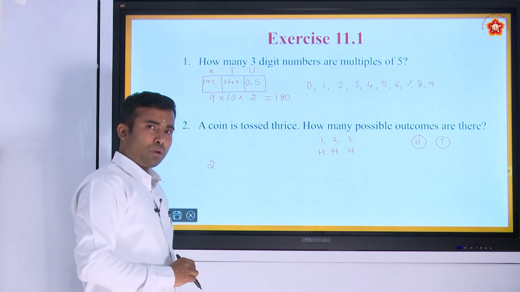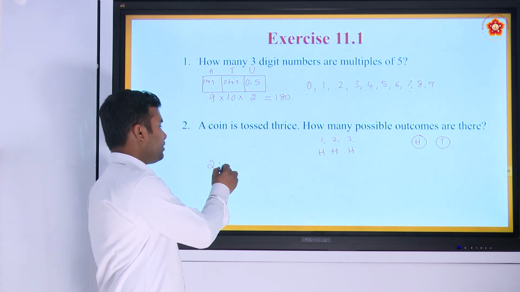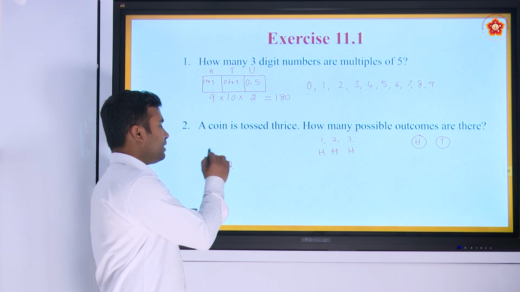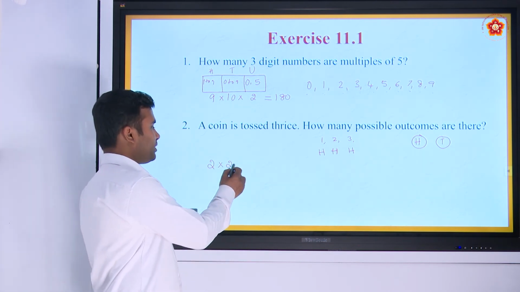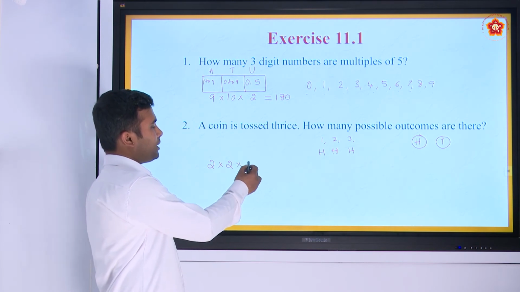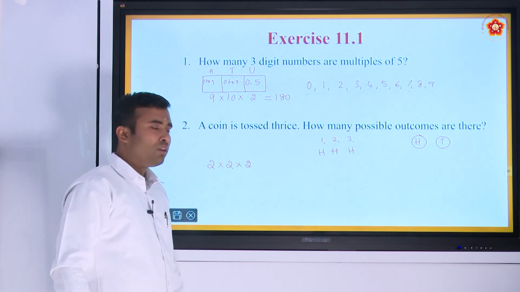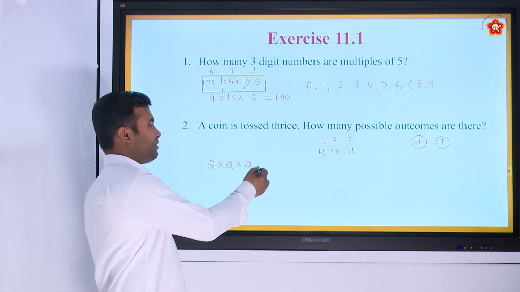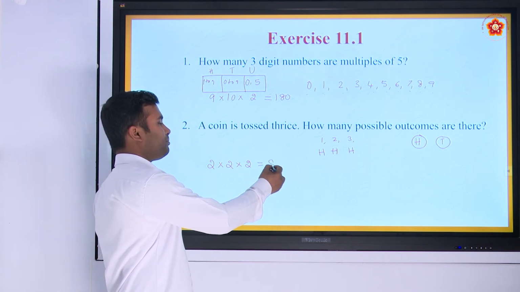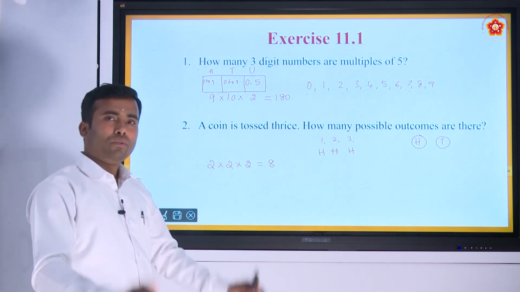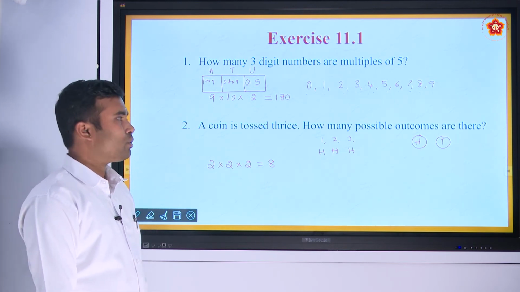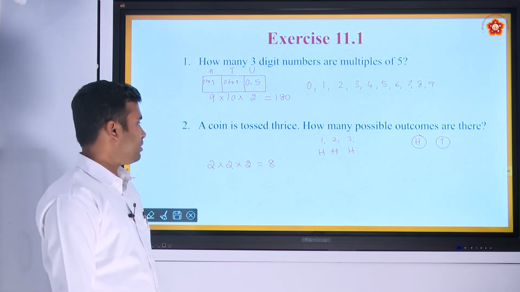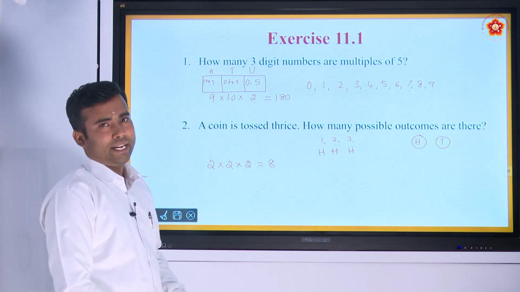One time you tossed, and if you toss the coin again it will be 2 possibilities, and this is the second time. Again the third time I need to toss, which is 2. So 2 into 2 into 2, it will be what? 8. So we can say there are 8 possible outcomes when you toss a coin 3 times. So the number of outcomes is 8.